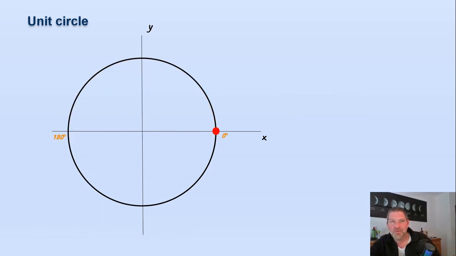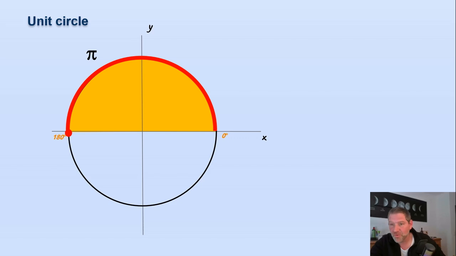Now here's an example how easy it is to understand. If this point is traveling exactly half a circle, it has been traveling this distance. And this distance is 3.1415 and so on. This distance is pi. But now also the angle is pi radians. It's basically the same.